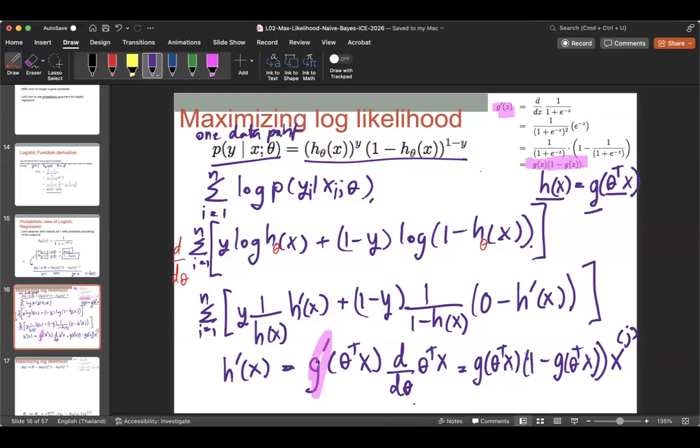Let's say with respect to j, you get the j-th feature. You can rewrite this a little bit to turn it into h of x times 1 minus h of x, times x feature j.